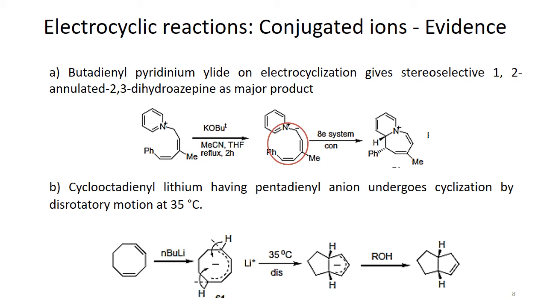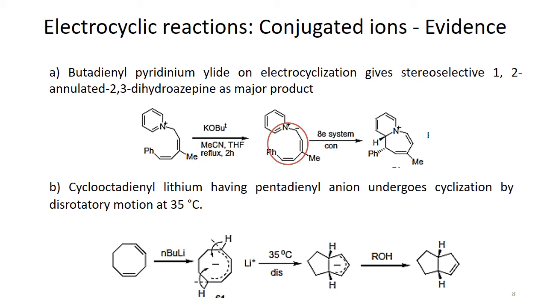When we talk about these 6 electrons, then just like a 6 electron system, when it undergoes electrocyclization, in the long run what we get is one double bond, because in the start we had two double bonds and one carbon with the negative charge, and after the conversion of one double bond into a sigma bond here, we are left with one double bond and the negative charge. That's why the negative charge is resonating on three carbon atoms.